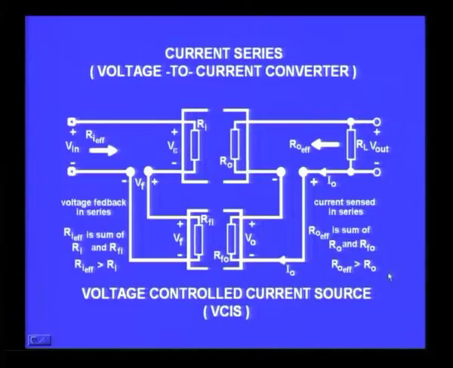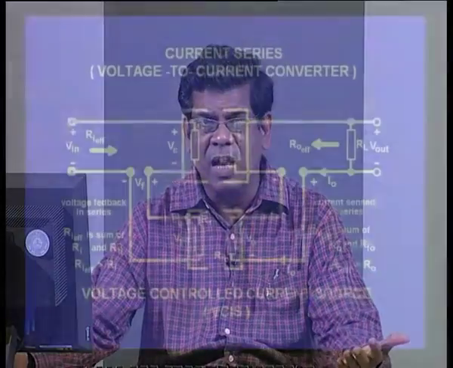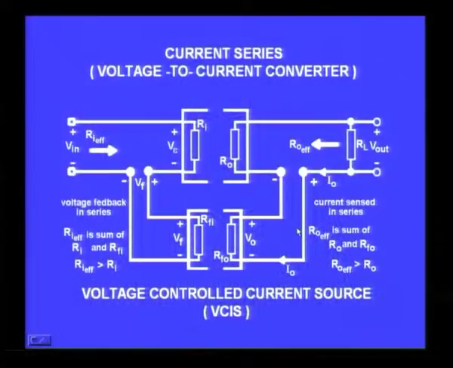If the output impedance is increased, then the output should be a current source, because only for a current source the internal resistance is very high. If the internal resistance of this amplifier at the output is higher, that means it is becoming more a current source. If you look at the input, it is very similar to the first configuration we saw.